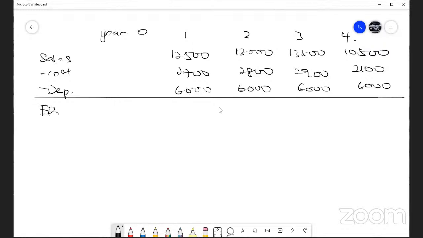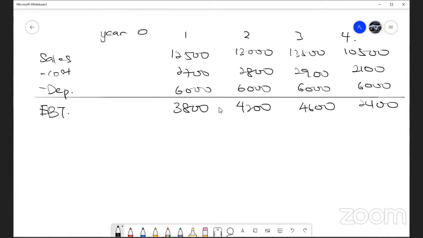This is your income statement. I hope you guys remember. So 12,500 minus 2,007 minus 6,000, all minus, okay? So here you get 3,800, 4,002, 4,006, and 2,004. These are earnings before tax.